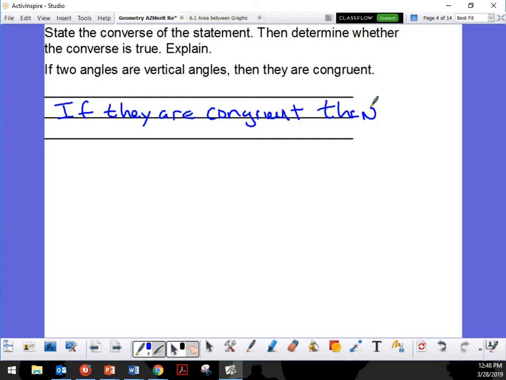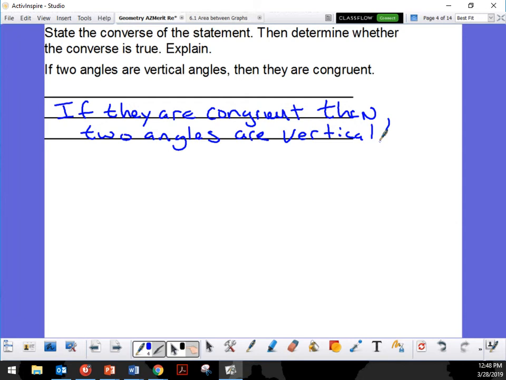two angles are vertical. Is that true? Wait. So just because I say they're congruent doesn't mean that they're vertical?